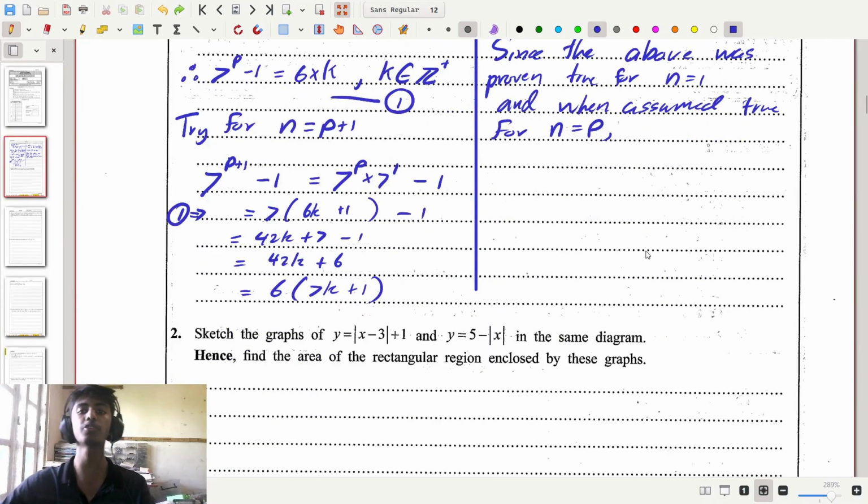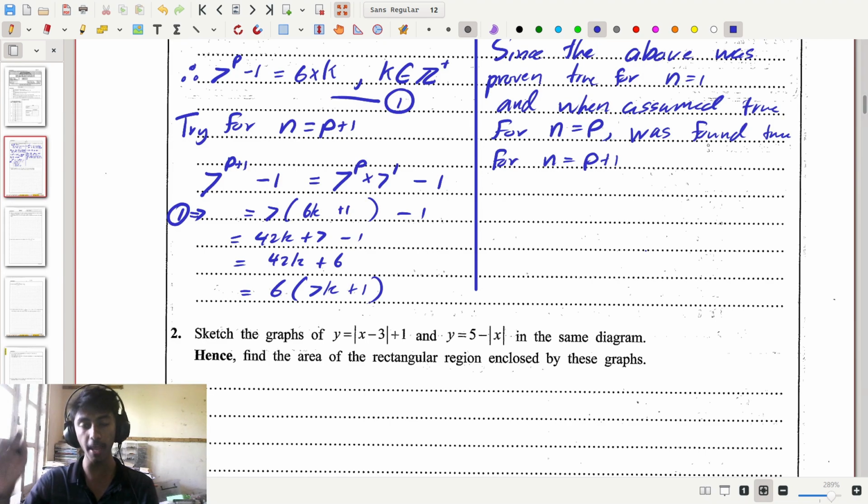So we can say when assumed true for n equals p, was found true for n equals p plus 1. And with that, our statement for that part is done.